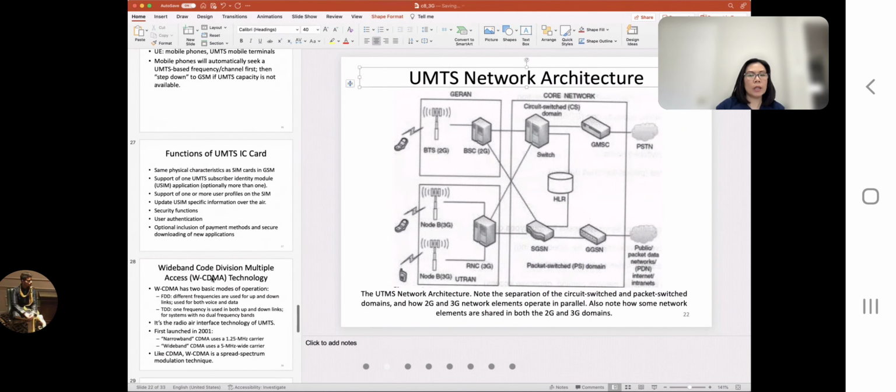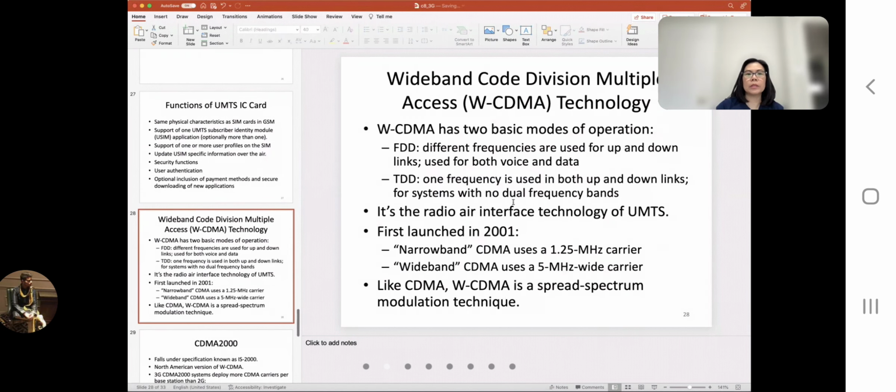Now we'll talk a little bit about wideband CDMA technology, right? So again, in 3G networks, we use wideband CDMA. At the same time, we have two basic modes of operation to implement duplex communication.